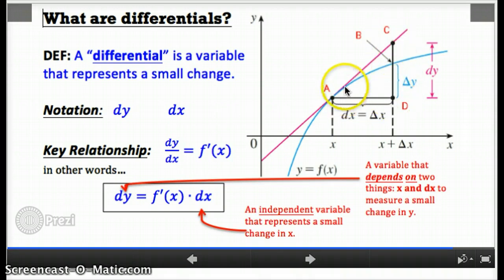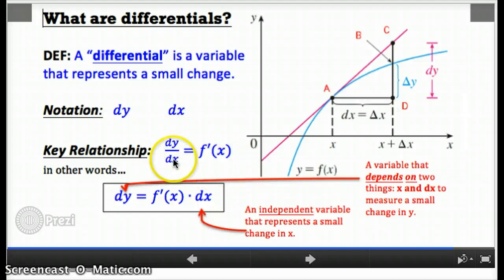So if this triangle got infinitely close down here, then dy would be the same as delta y, the actual rise in the function, would be the same as the rise in the linearization. And so looking at how dy is related to dx, when we're super close, is kind of the same thing as looking at how this function's direction is changing. In other words, the slope of this function.